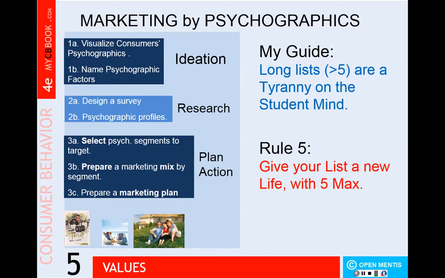My guideline for preparing PowerPoint for students, without engaging in the rhetorical or theoretical argument, is just to say let's try to reduce all lists, no matter how long they are, to no more than 5. That's my rule for myself.